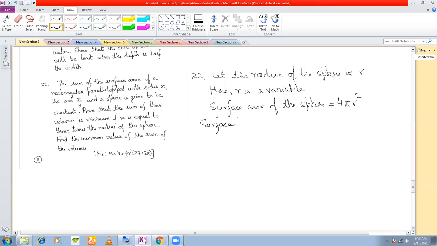What is the surface area of a cuboid? Class 9 knowledge. You remember? Twice LB plus BH plus LH, right?